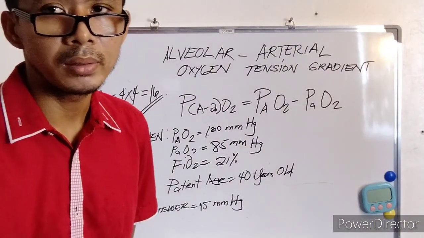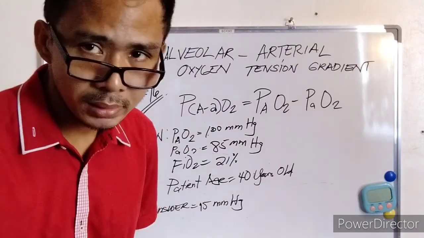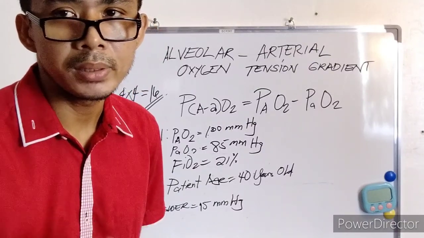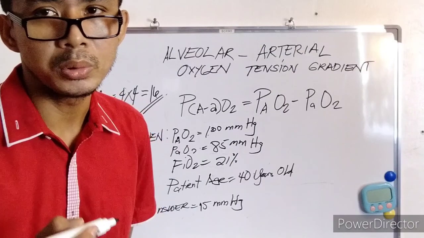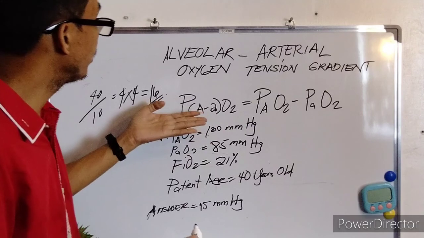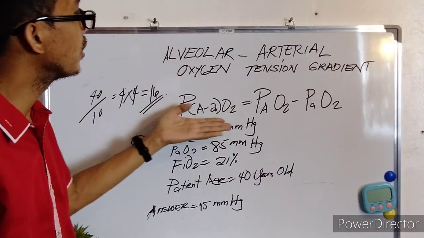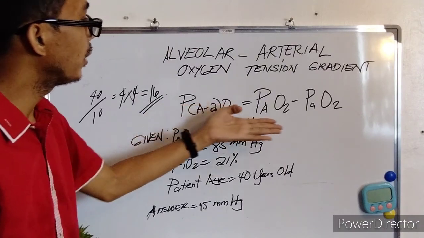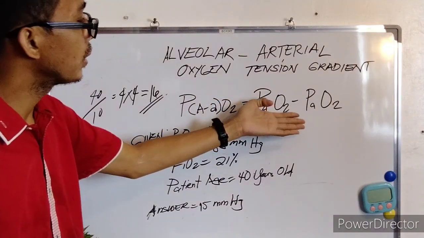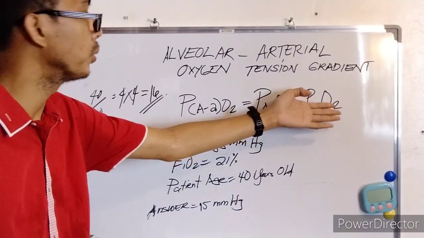In case 1, the patient is under 21% room air, and in the second, the patient is under 100% FiO2 environment. The equation suggests that the alveolar arterial oxygen tension gradient is equal to the alveolar pressure of oxygen minus the partial pressure of your arterial oxygen, sa PaO2 mo.